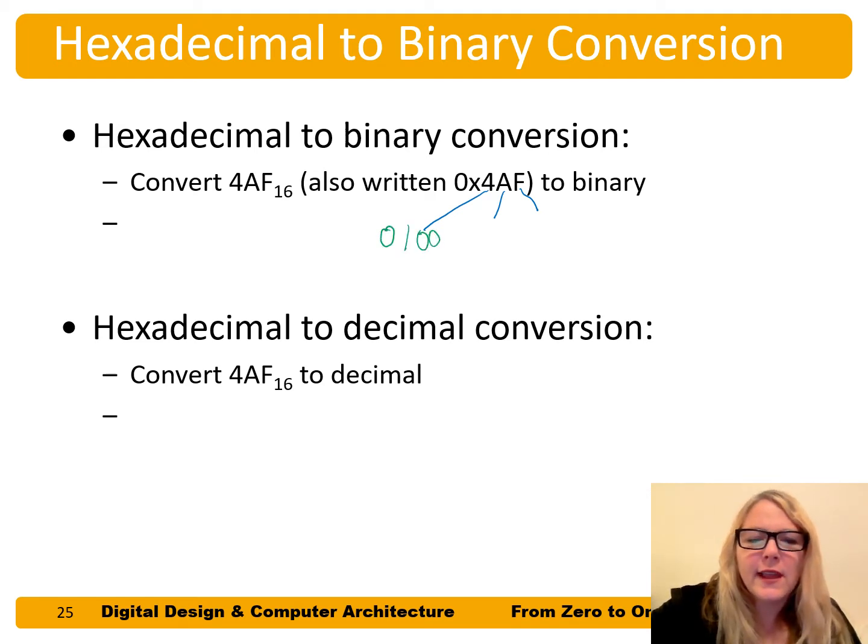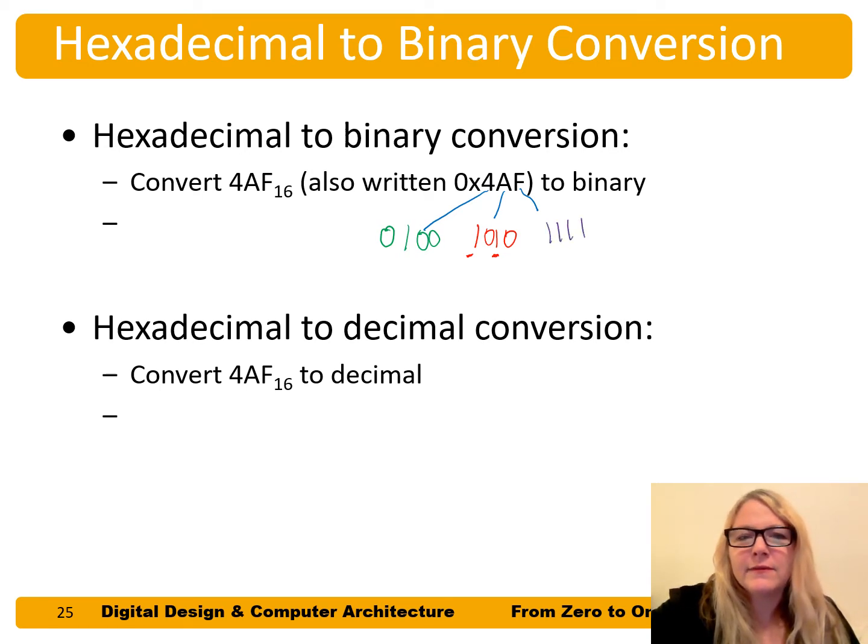A is, let's see, 9 we could represent, but A is the first number we can't represent with a single digit in decimal, so it's 10, 1, 0, 1, 0, so 8 plus 2, and F is 15. So 15 is all ones. And there is our binary representation of that hexadecimal number. So that's actually quite easy to convert from hex to binary and vice versa.